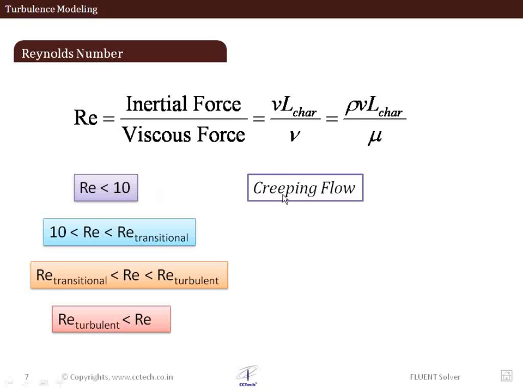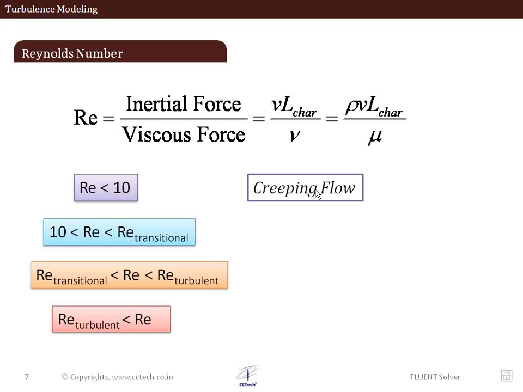In the creeping flow regime, most of the bacteria or sperms are moving. The Reynolds number is quite low, that's why they have to struggle very hard to move even a little bit ahead. But human beings, we don't operate in the creeping flow regime. Our characteristic length scale is quite high, so we are well outside this regime, because the struggle in the creeping flow regime is that you have to move very much to move in the forward direction. So it's very hard to exist in the creeping flow regime.